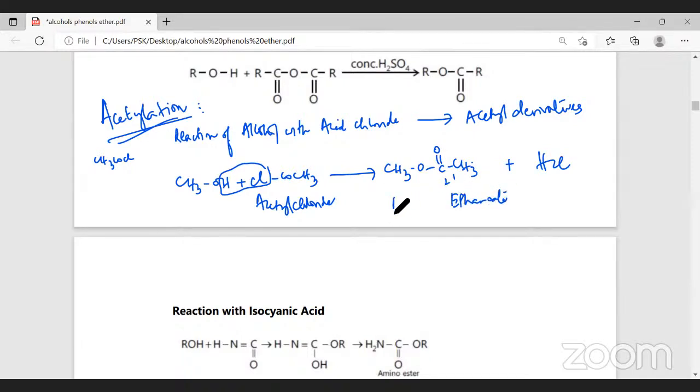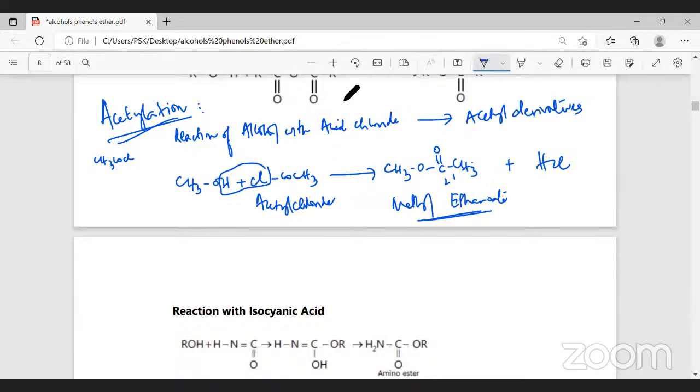This will be called methyl ethanoate. So this is the reaction. This is called acetylation. Formation of an ester by the reaction of an alcohol with acid chlorides like acetyl chloride or benzoyl chloride is called acetylation.